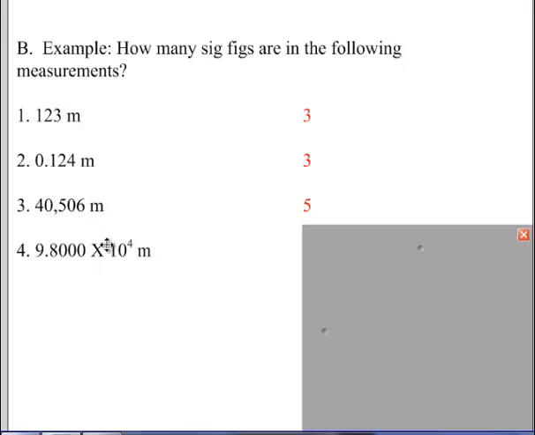Well, the times 10 to the 4th is just changing my place value. What's key here is if I look at the 9.8000, those zeros are all following a decimal, but they're not in the front like they were in number 2. So since they're both after a decimal and at the end instead of the beginning, they're all going to count. So number 4 has 5 significant figures.